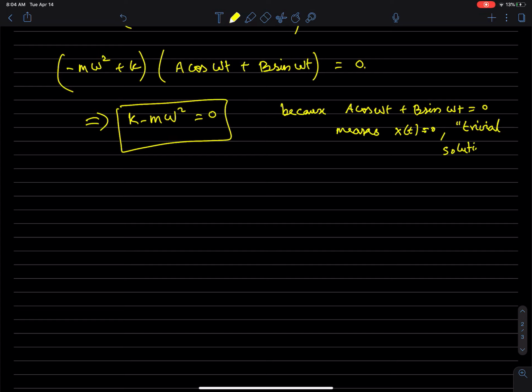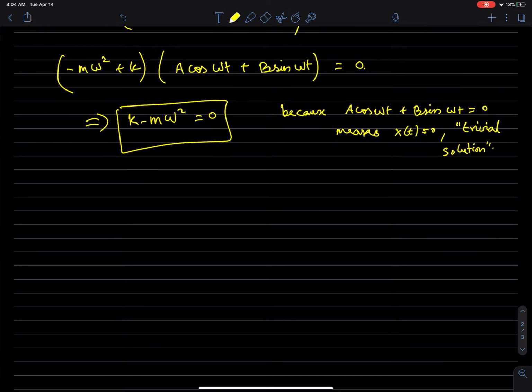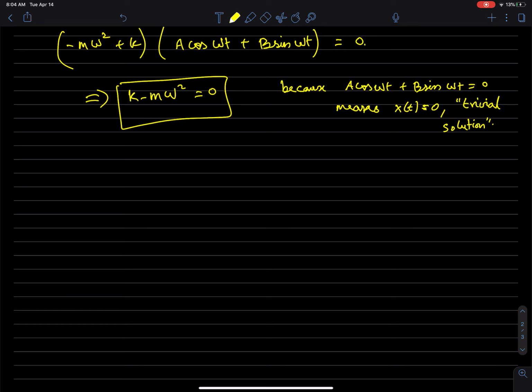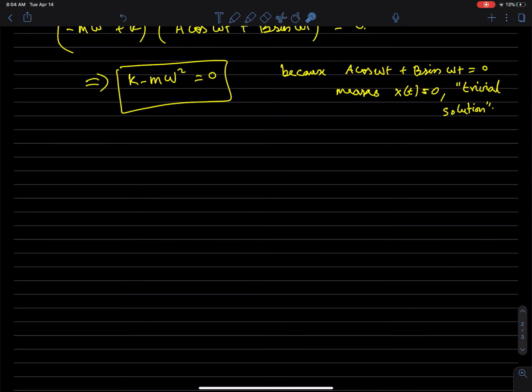The word trivial solution in mathematics does not necessarily mean that it's too simple to find. It really just means, very often, that it's the solution that has the quantity equal to 0. So it really just means the zero solution most of the time. It doesn't mean that it's too easy to find.